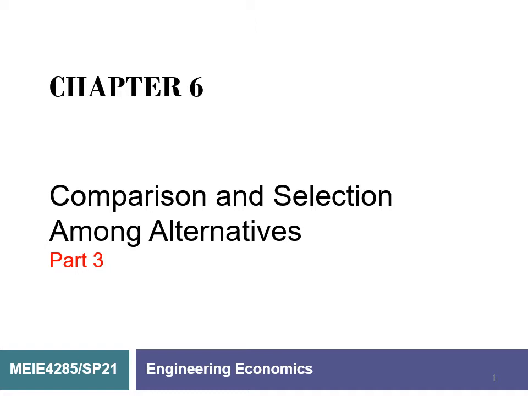In our previous lectures, we talked about the useful lives, the study periods, the mutually exclusive alternatives, and present, future, and annual worth methods. Then we talked about the rate of return methods, and we have seen that if you select the project which has the highest internal rate of return, the final ranking of the projects can be different than the ranking of the equivalent worth methods.